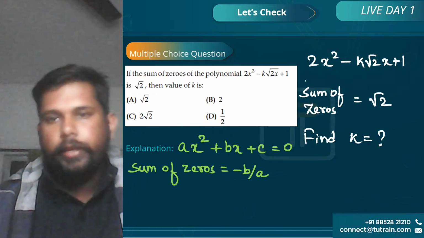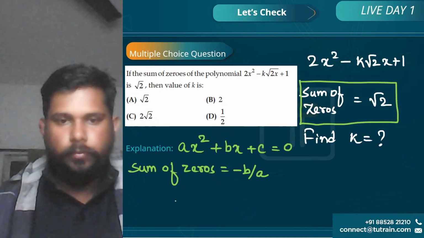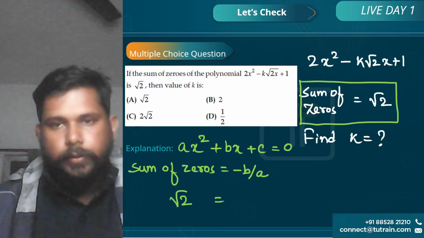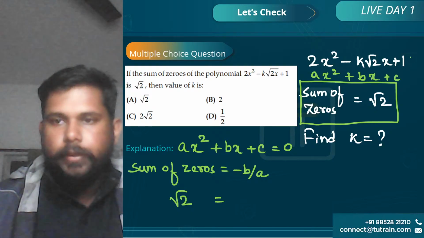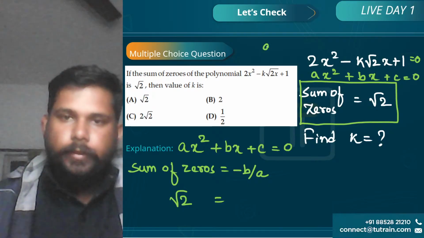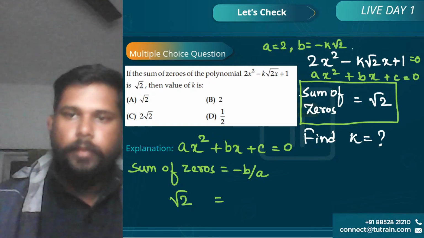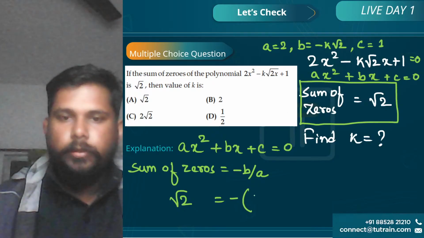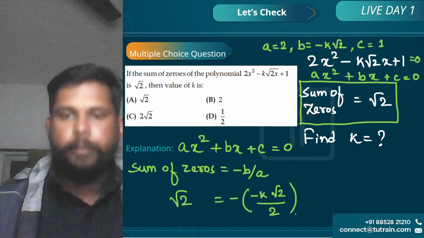Now here we are given the sum of zeros as square root 2. If you compare this with ax square plus bx plus c equals to 0, from here you will get a is 2, b is minus k root 2 and c is 1. So minus b by a will be minus of minus k root 2 by 2, right?